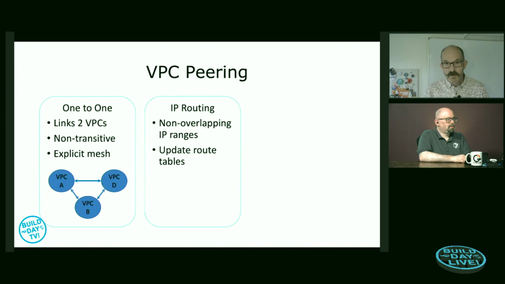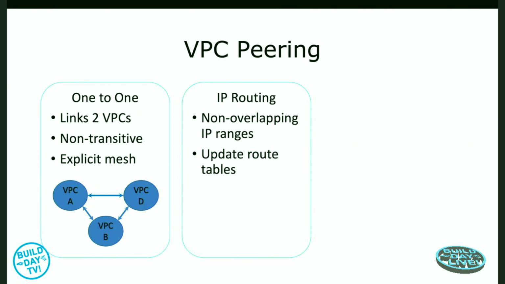But it does work with full IP routing. So this means that we are making one whole routed network amongst this collection of VPCs that we have joined together with peering connections. And very importantly, the IP address ranges must be unique for each VPC. Remember when we created our VPC in the first episode, we had to specify an IP address CIDR range?